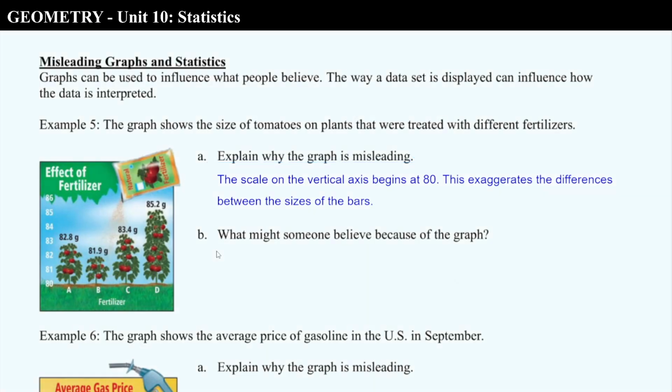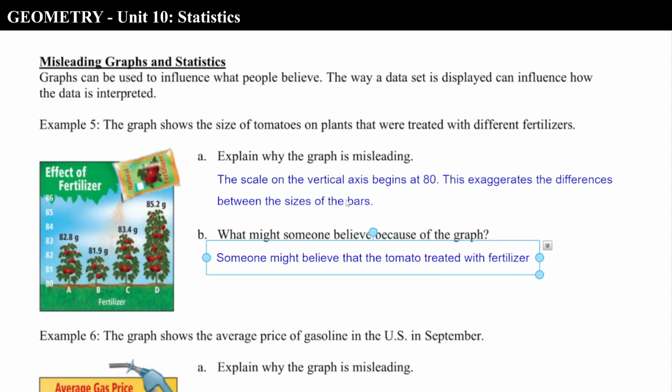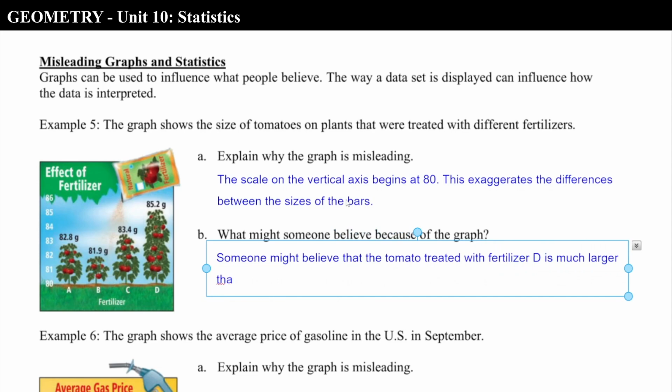So what may some people believe because of this graph? Someone might believe that the tomato plant or the tomato treated with fertilizer D is much larger than the other tomatoes.